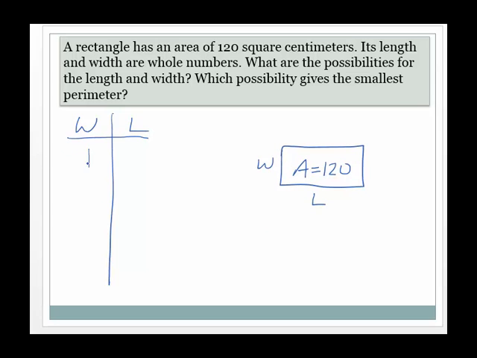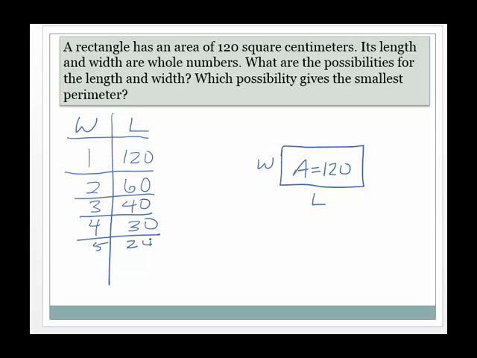So could we have a 1 by 120 rectangle? In other words, a really skinny rectangle that has a width of 1 but is really long, a length of 120, because 1 times 120 is 120, 2 times 60 is 120, 3 times 40 is 120, 4 times 30 is 120, 5 times 24, 6 times 20 is 120, 8 times 15 is 120, and we have one more. 10 times 12 is 120.